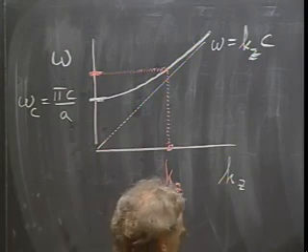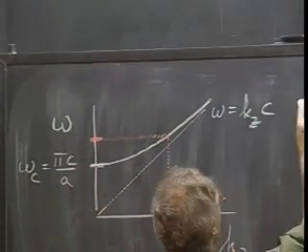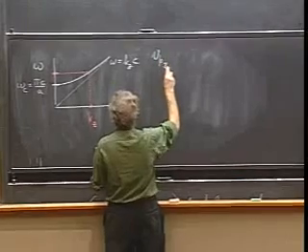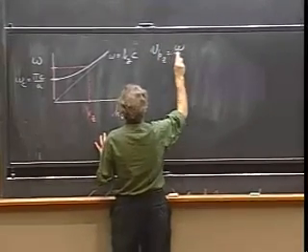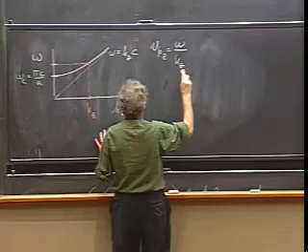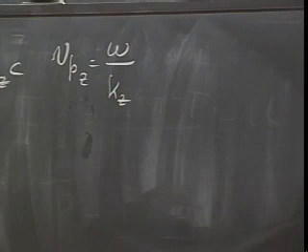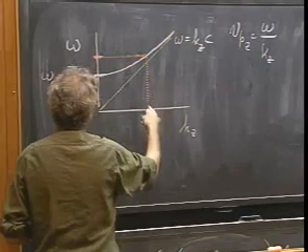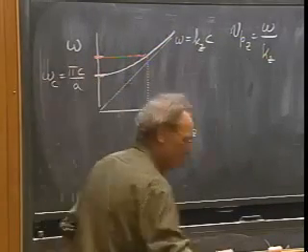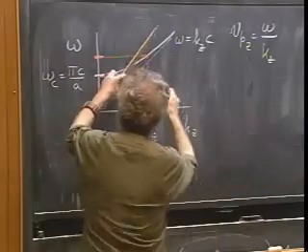The phase velocity in the z direction, v phase in the z direction, is omega divided by kz. Well, look what that means. Omega divided by kz. So I can draw a line here.